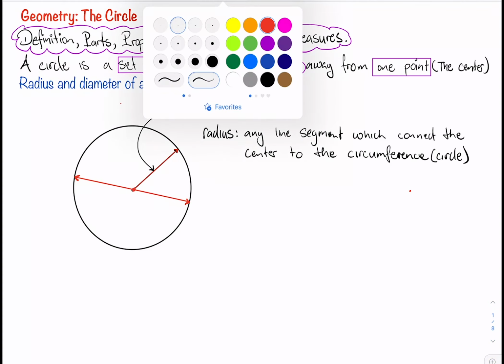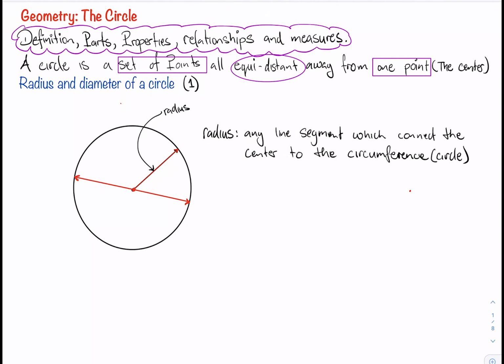Moving on, first we want to put in some more examples of different radiuses. Notice I said radiuses on purpose because that's how people think about it in the beginning, but we do not say radiuses.